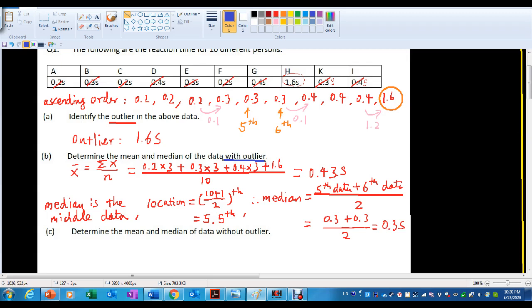The mean is 0.43, but all the data except 1.6 are actually less than 0.4. So do you think that 0.43 is a good representation of what we call central tendency? You need to think about this.